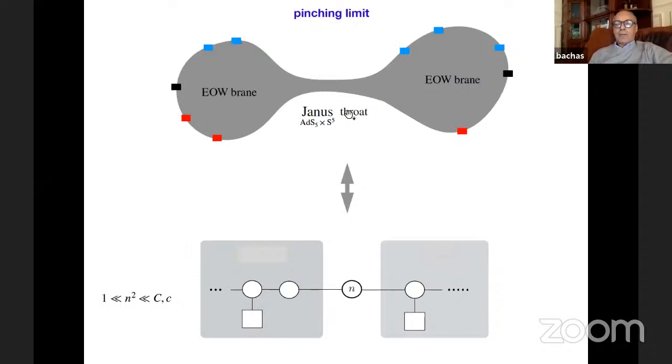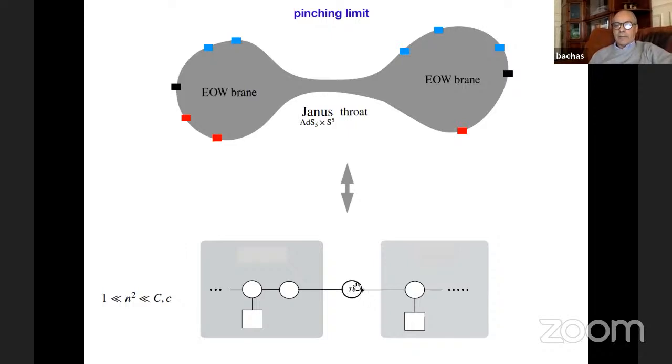And actually, because we know the mapping very precisely with Gaiotto-Witten theories, you can work out, and this you can find in my papers with Lavdas, that this is precisely dual to the picture I showed you in the beginning. So you have two very big linear quivers. They interact in the bulk with a three-dimensional U(N) gauge theory.